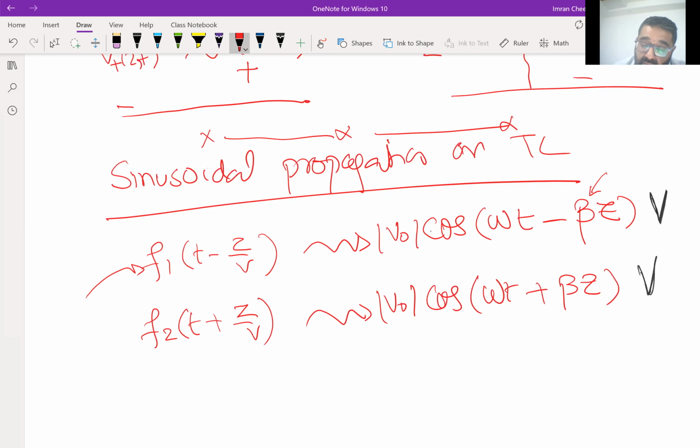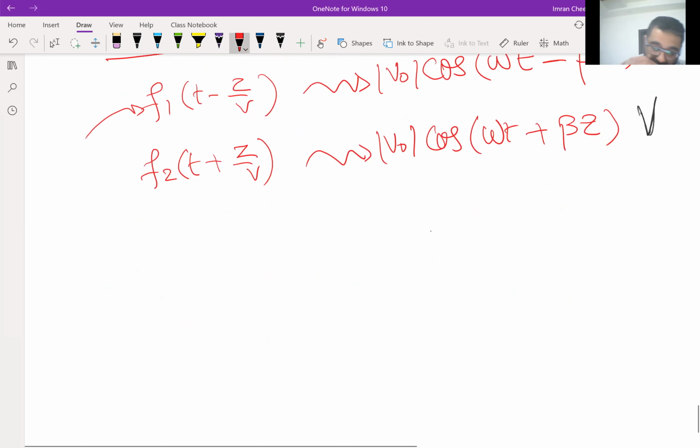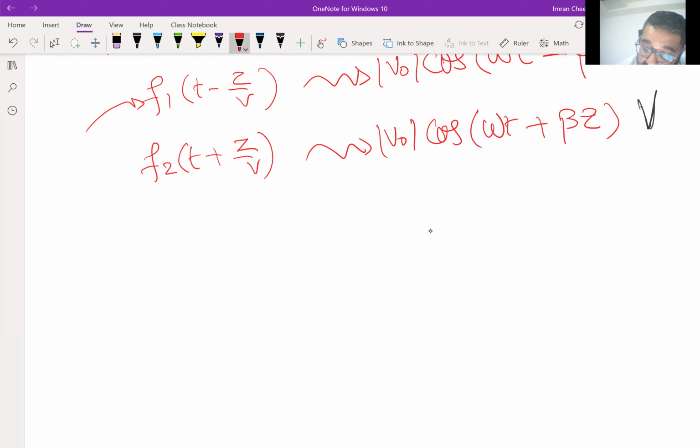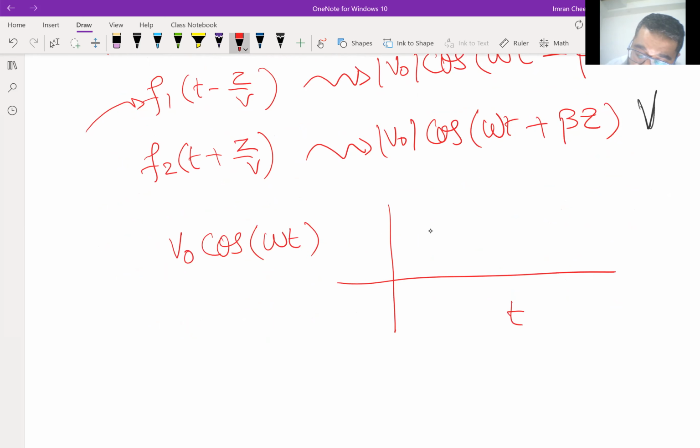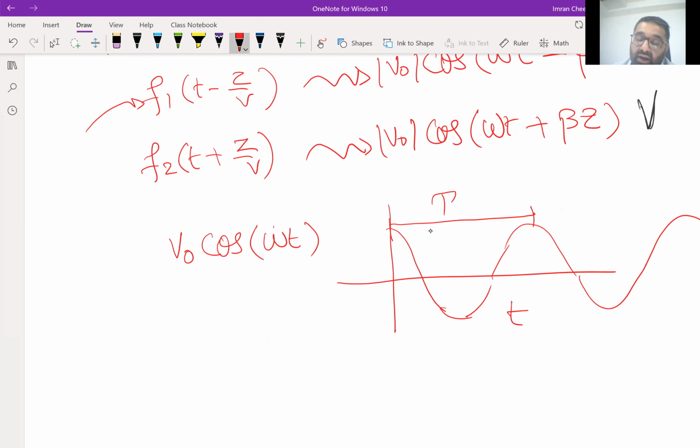So let me remind you of a few things here. Let's look over some basic fundamental stuff. You know a cosine function V naught cos omega t. On a time axis, this is oscillating, where omega is related with the time period. The time period is 1 over f, and omega is 2 pi f.